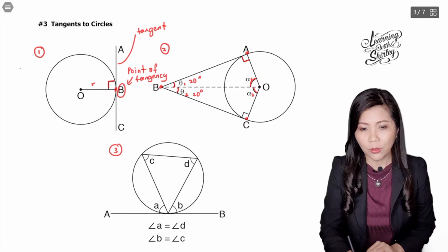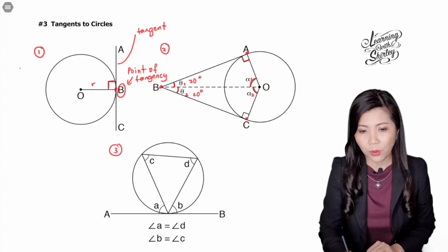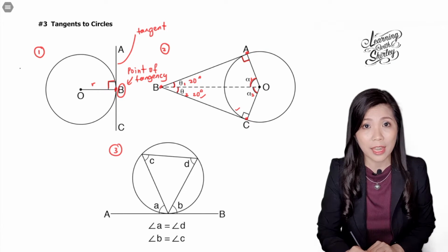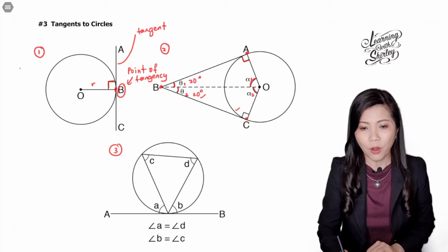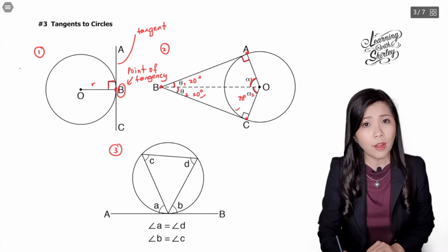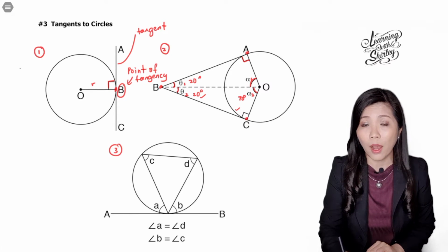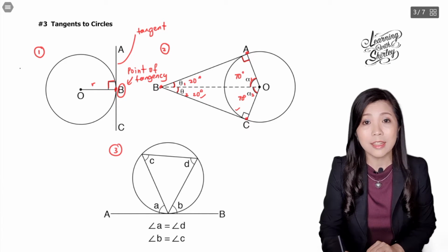For this case, if this is 20, this is 90, so 90 plus 20 is 110. Therefore to find alpha, it will be 180 minus 110, then we will get 70 degrees. So if alpha 2 is equal to 70 degrees, therefore alpha 1 is also 70 degrees.